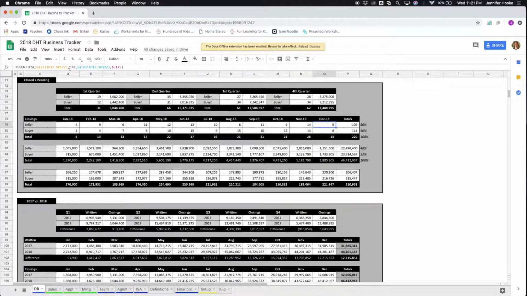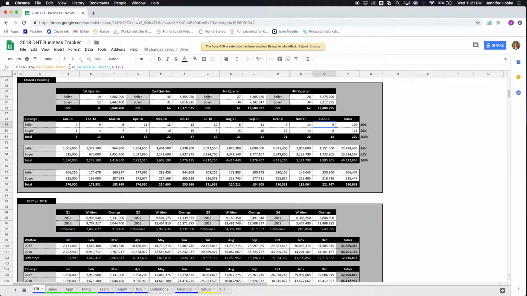So orange is a category, purple is a category, blue is a category, and magenta is a category. So we have to see what those categories are to figure out where it's pulling the numbers that it's using to get this 5 occurrences. So there's 5 transactions that were seller side in December of 2018 that are to close.